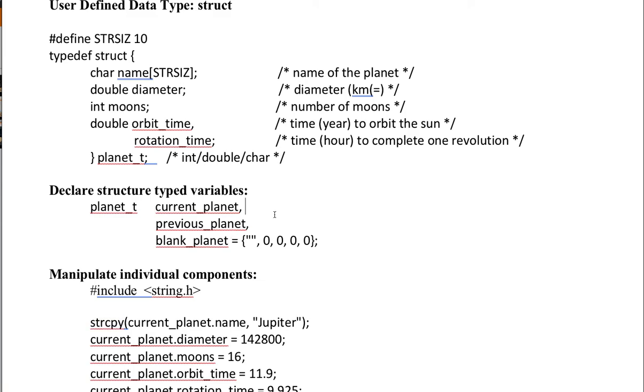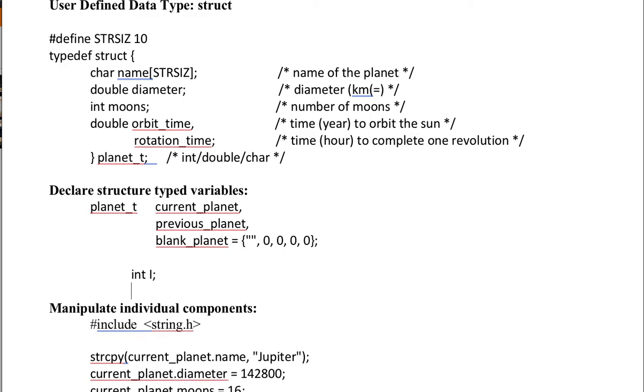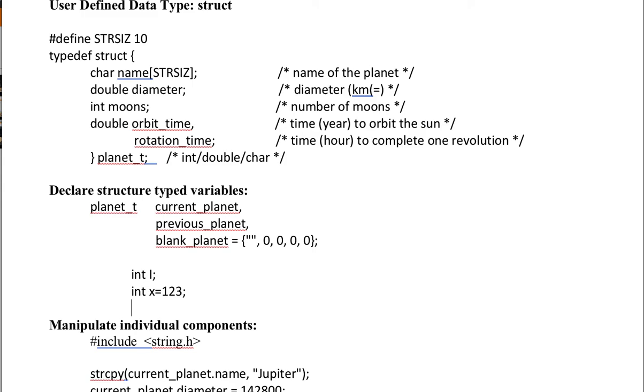Like we define integer i just like this, you could also define integer x with an initial value, maybe say 123. And you can do the similar kind of thing for struct type variables. So indeed, the third one is declared as a blank planet, and at the same time, those members in the structure are assigned with the empty string and zeros for the other members.